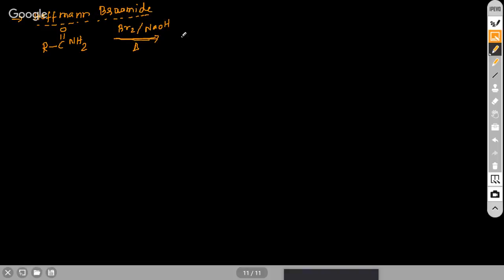And when we heat this, what we'll get? We'll get RNH2, that is 1 degree amine. This is the preparation method of amines also. So now we are going towards the preparation methods of amines. Okay, and this amine has one carbon less. You see RCONH2 gives you RNH2, right?